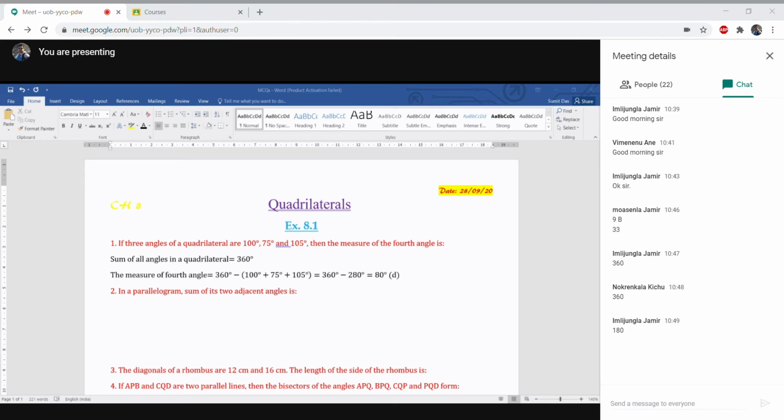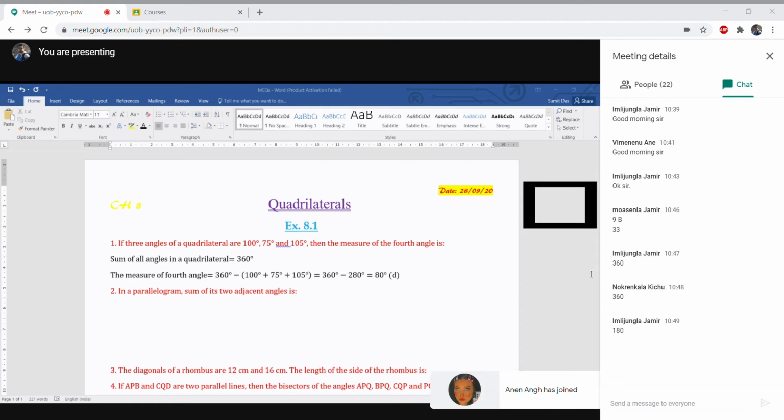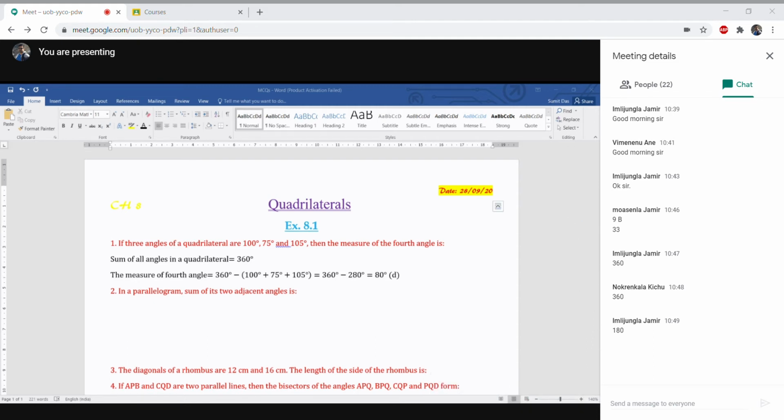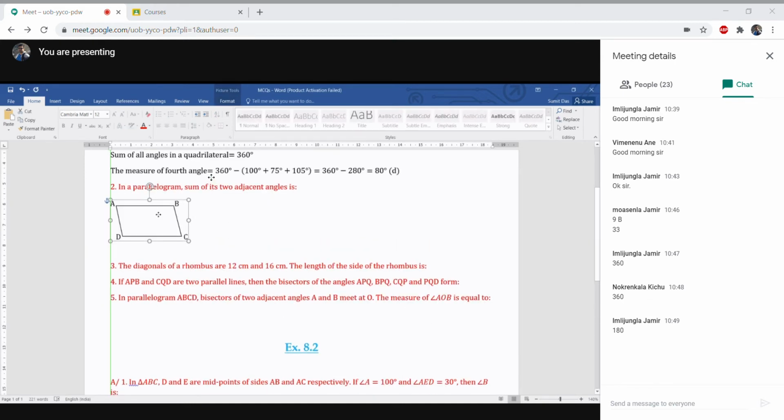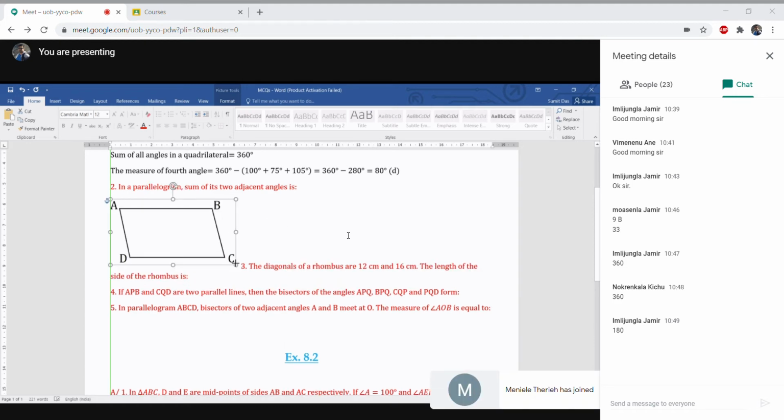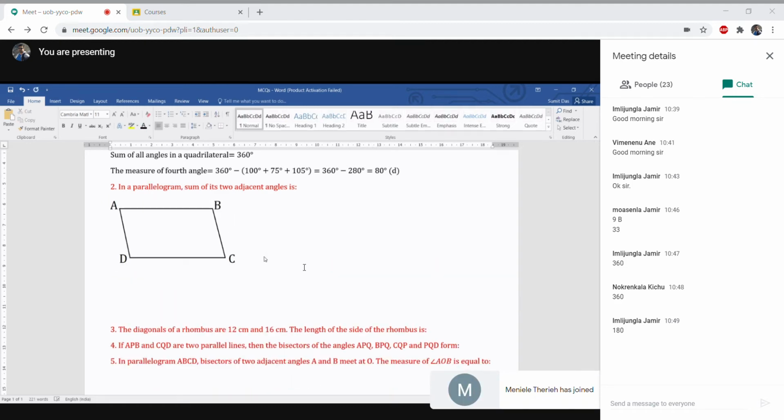Look, if this is a parallelogram, right? Adjacent side means this angle and this angle. Okay, they are called adjacent angles.